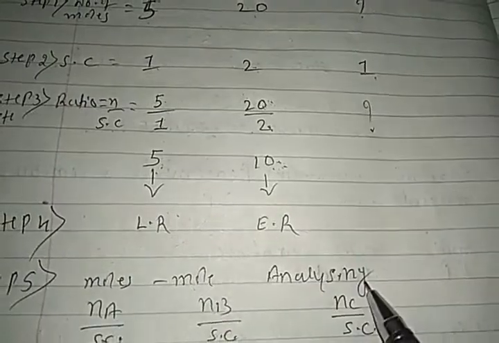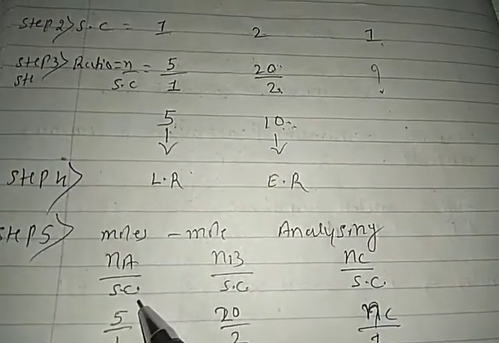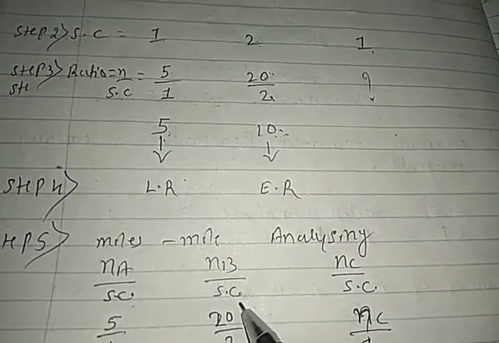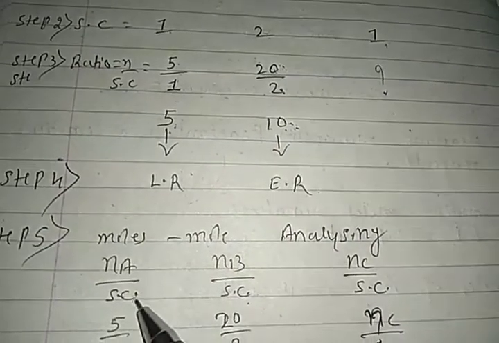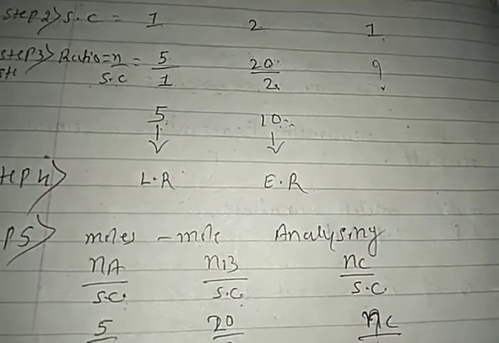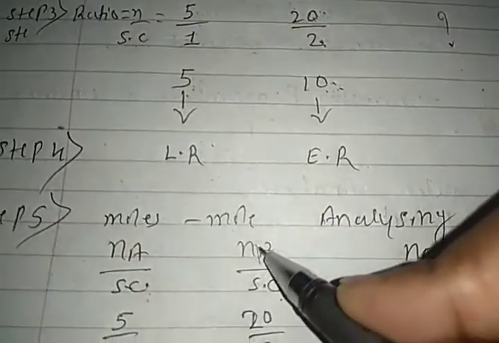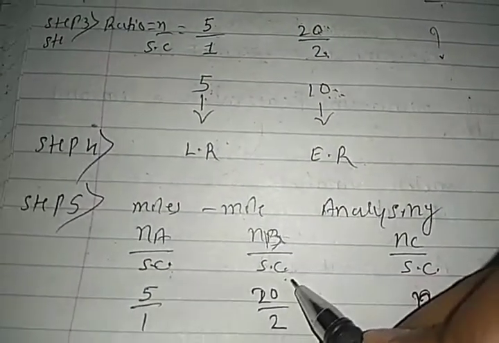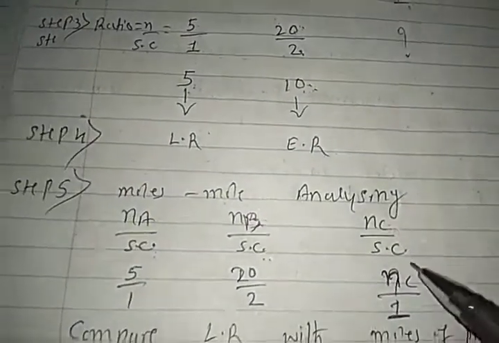Step 5. Moles of reactant are analyzed with the moles of product, students. So moles of A by stoichiometric coefficient, moles of B by stoichiometric coefficient, and moles of C by stoichiometric coefficient.